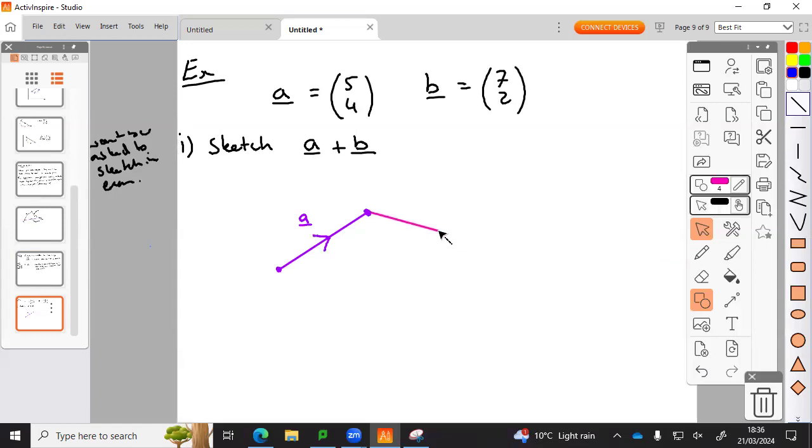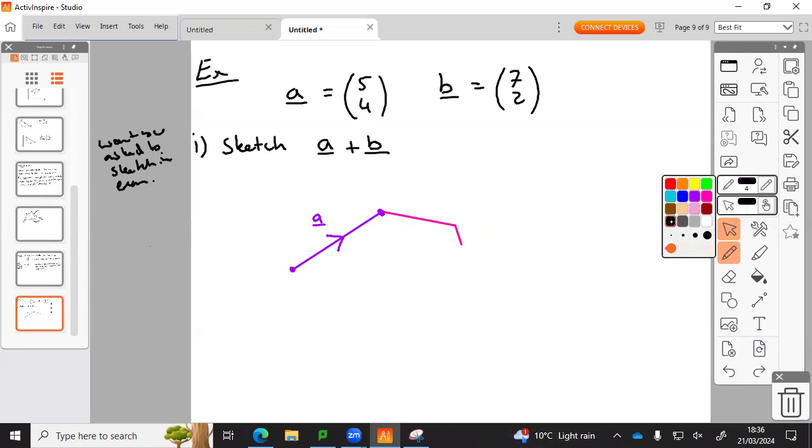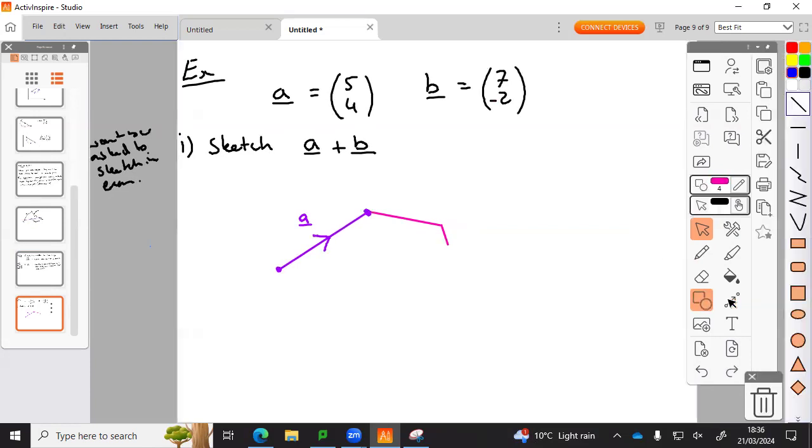The vector B tells me 7 and 2. Oh, I was wondering why that was wrong. That's a negative 2 up there. I made that negative 2. Vector B is negative 2.